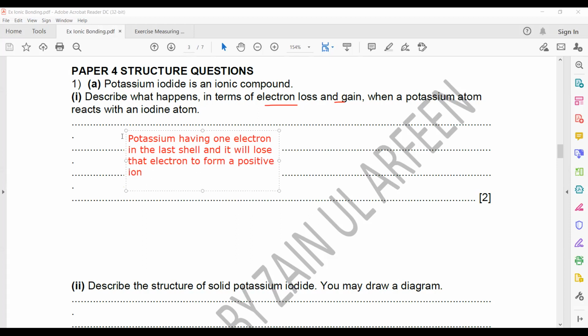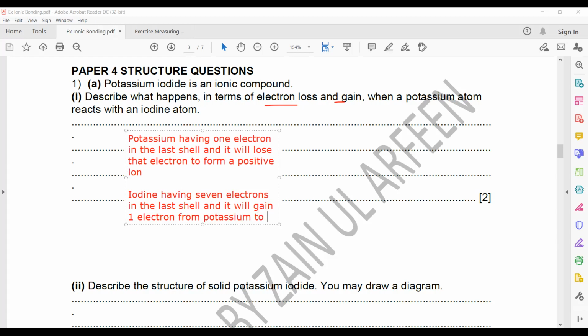And iodine belongs to group 7, so iodine has 7 electrons in the last shell and it will gain one electron from potassium to complete the octet.